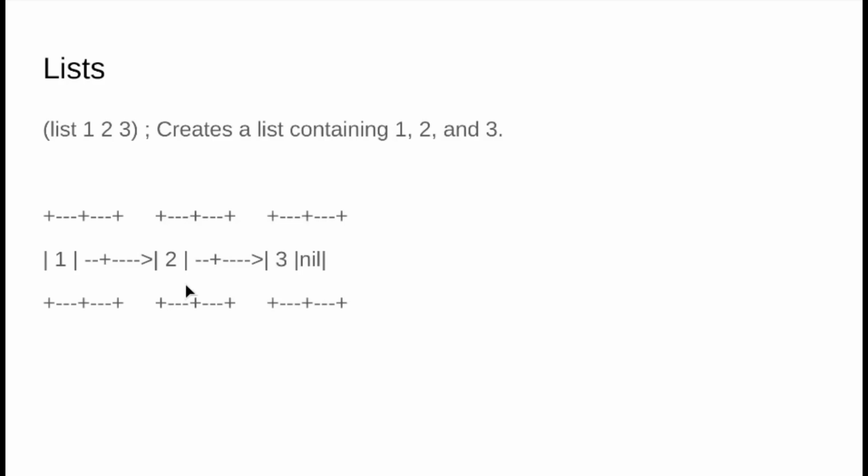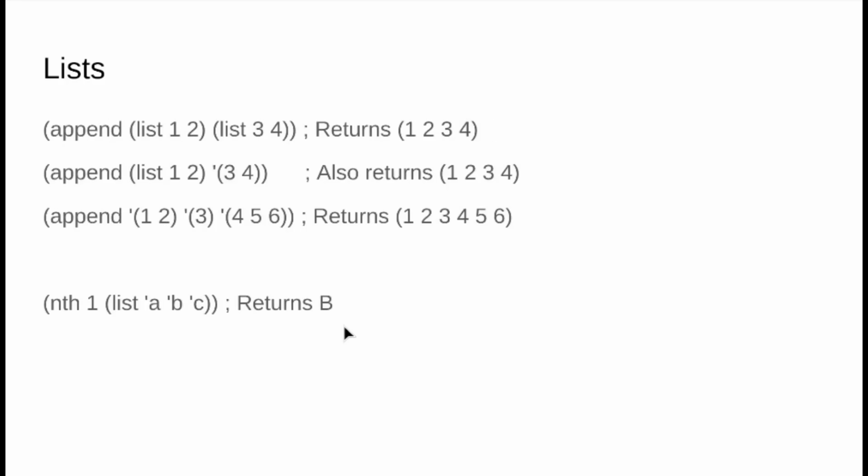So when we actually create a list here, just a simple list instantiation, what we're really doing is creating 3 of these cons, one that has the value 1, and then the CDR is pointing to the value 2, and then that CDR is pointing to the value 3, and then there's a null CDR for the last element. And some basic functions that we can do to lists, we can append them.